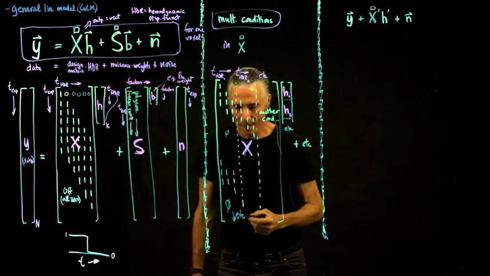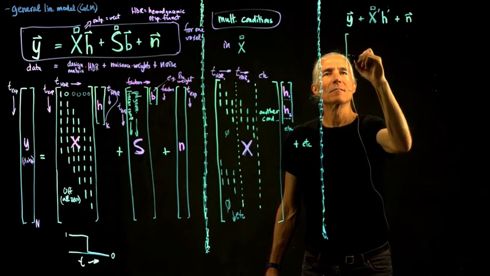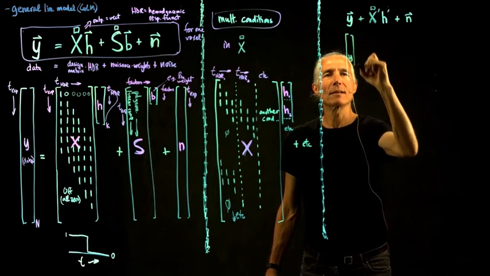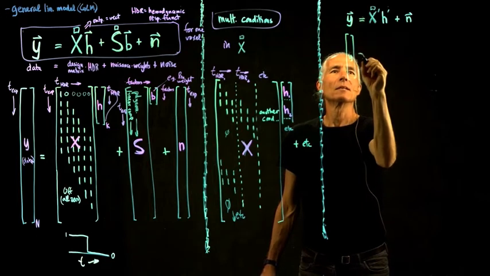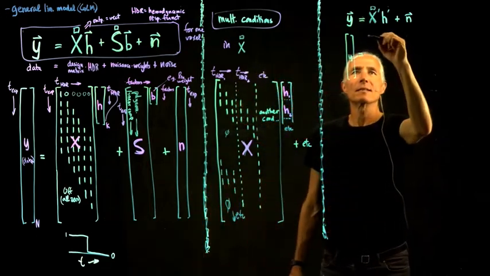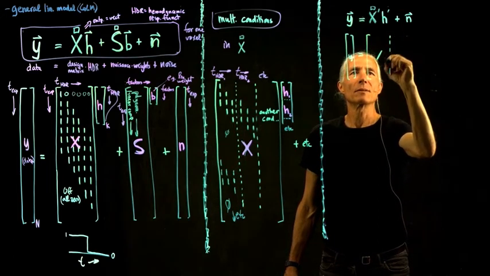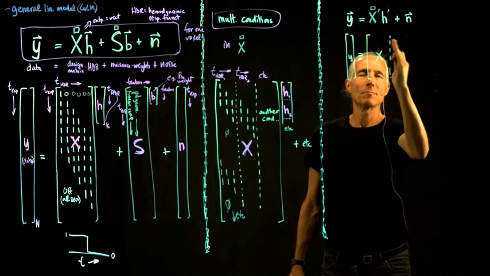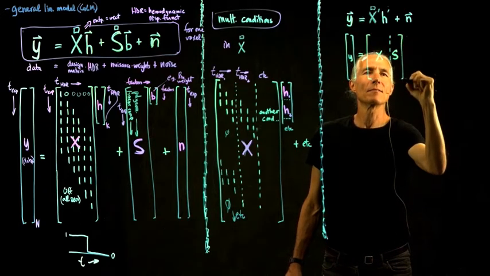And so what does it actually look like if we draw it out as matrices? We've got our data vector here. Sorry, y equals, not plus. So that equals basically our X matrix. So here's the X matrix. And then all we do is paste the S matrix onto the end of it.